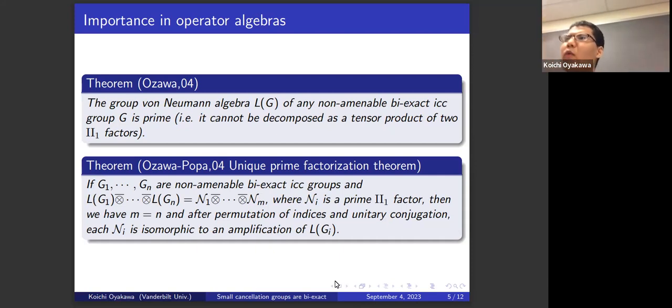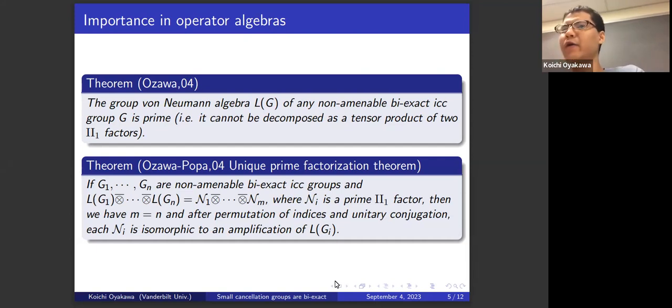So what these two theorems say is that the group von Neumann algebras of non-amenable bi-exact groups can be considered as a kind of prime numbers in number theory, or something similar to prime numbers in number theory.